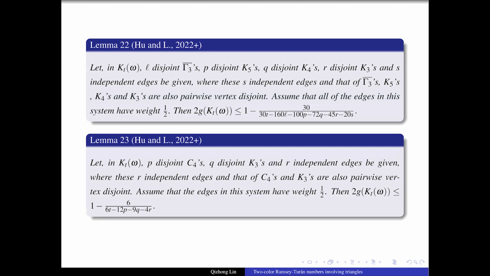Similarly, in order to upper bound the Ramsey-Turán density rho 3, 7, we need to force out some special structures. For example, we need the half complement of the calligraphic graph gamma 3, half K5, etc. The proof is similar.